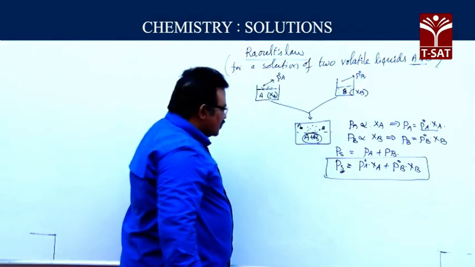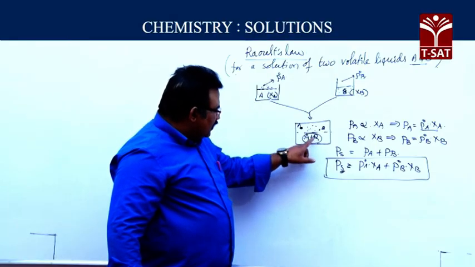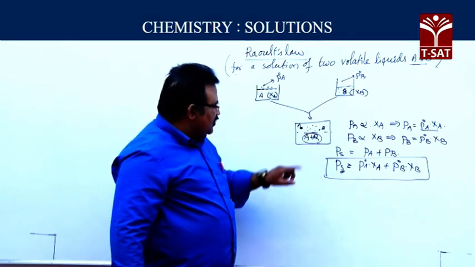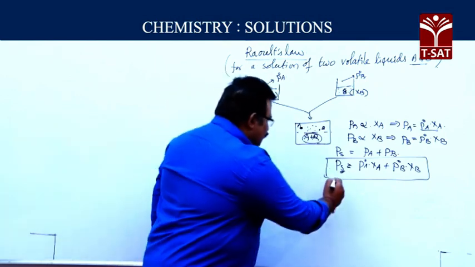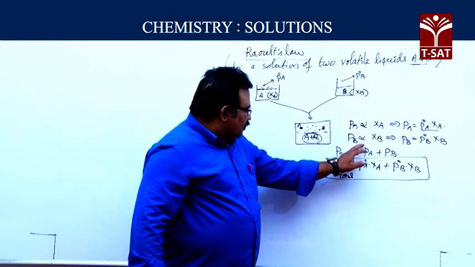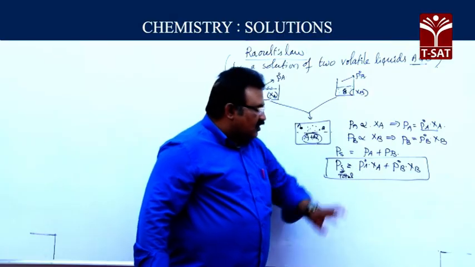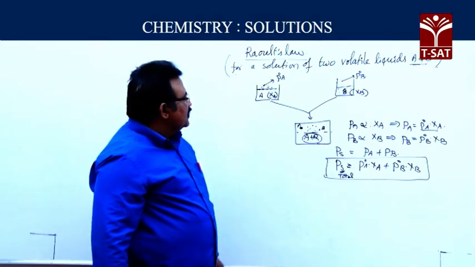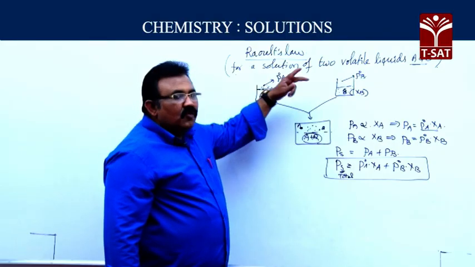PS means the vapor pressure of AB liquid on its liquid surface. This is nothing but P total. Total pressure is equal to partial pressure of one component A plus partial pressure of another component B. So, this is used to measure the total vapor pressure of two volatile liquids.